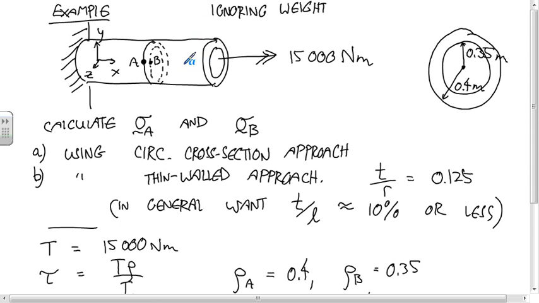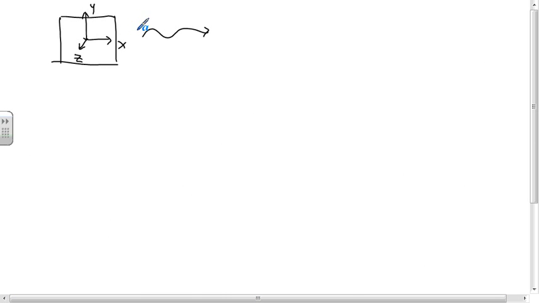With a torsion like this, is the left or the right side going to be down? The right side's going to be down, the left side's going to be up. So we're going to get something like this. And that means that the shear stress is oriented this way.